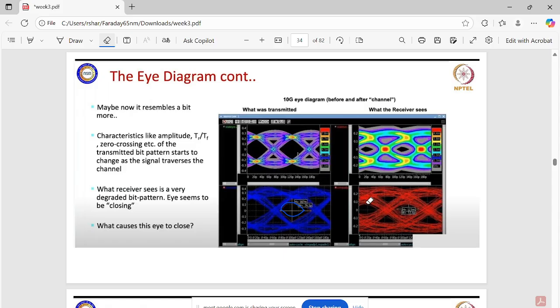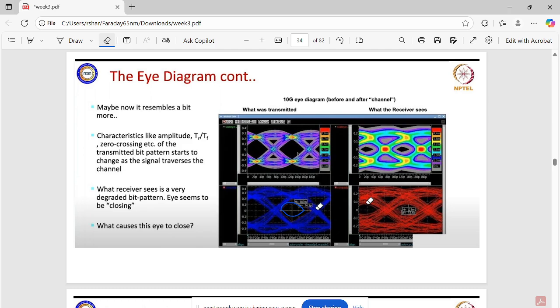What this means is that at the receiver end, say when we have a long channel, the eye completely closes, so there is no more black portion in the center. Therefore, my receiver cannot make out whether it is a 0 or 1.